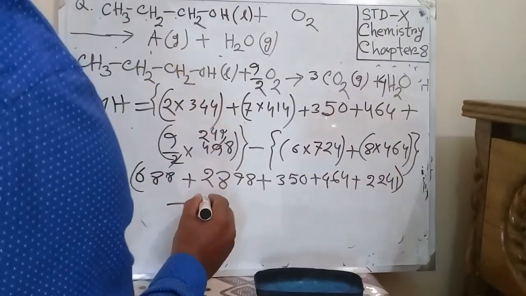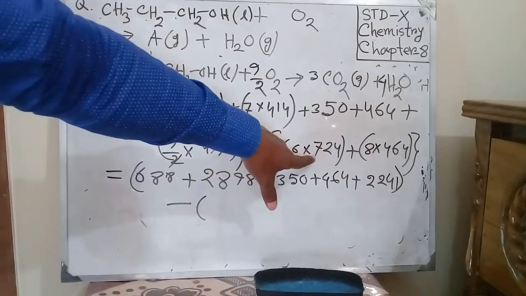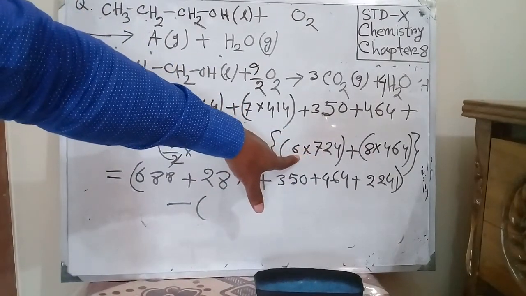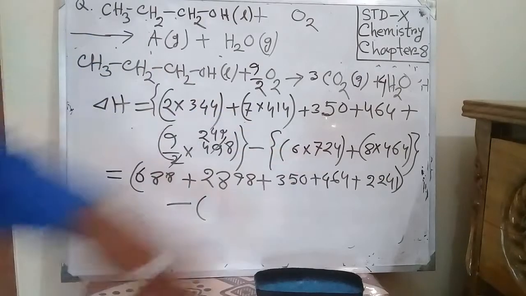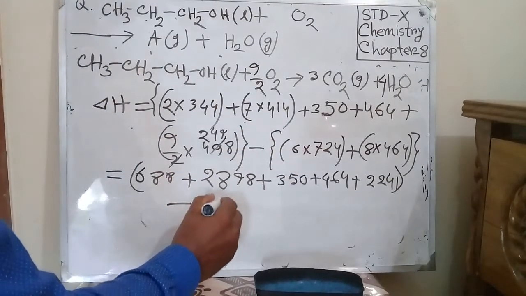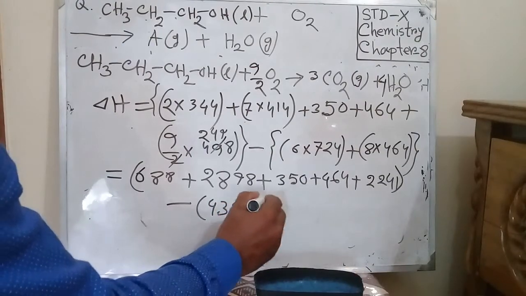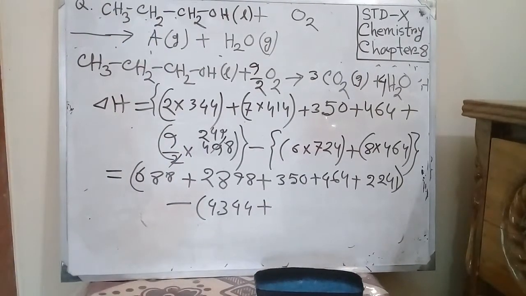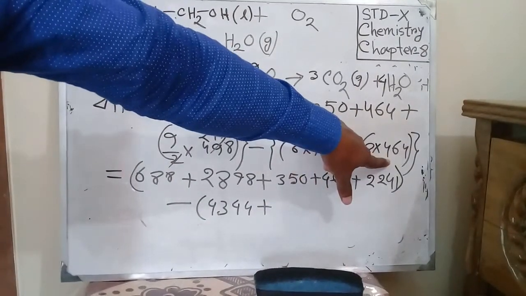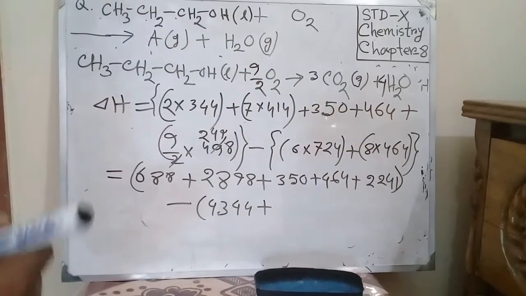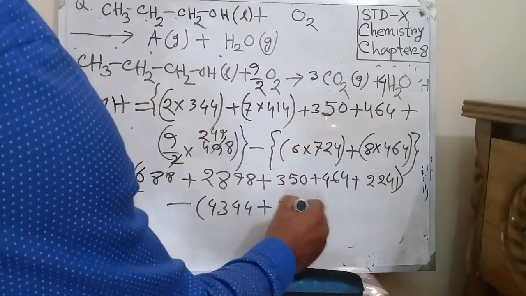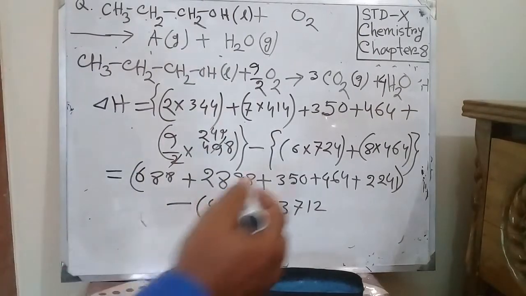This minus, then 724 multiplied by 6, we get 4344, plus, if we multiply this one we get 3712.